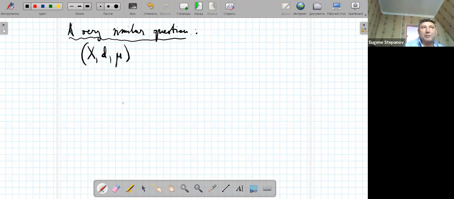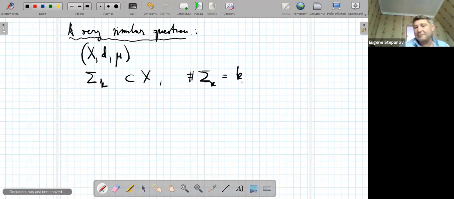Again, mu is a probability measure with total support, as I explained before, and you take those sets sigma_k in X, each with k points.